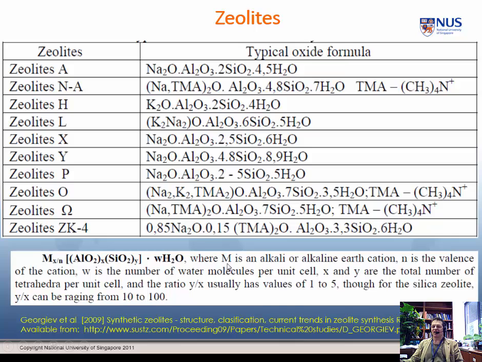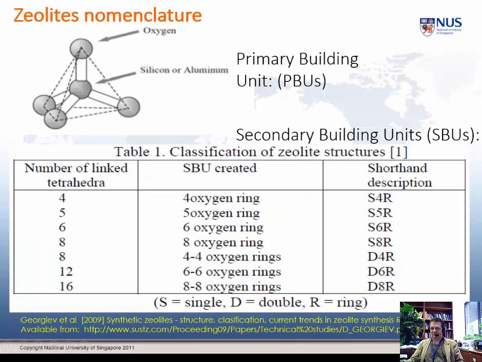M obviously is your alkali or alkaline earth cation. N is the valency of the cation. I'll let you read that. There's no need for me to read it. But remember what I said about being designed for certain pore sizes or certain applications. Okay, this table here is synthetic zeolites, and there's a reference here, a very boring reference, but it's all about nomenclature.